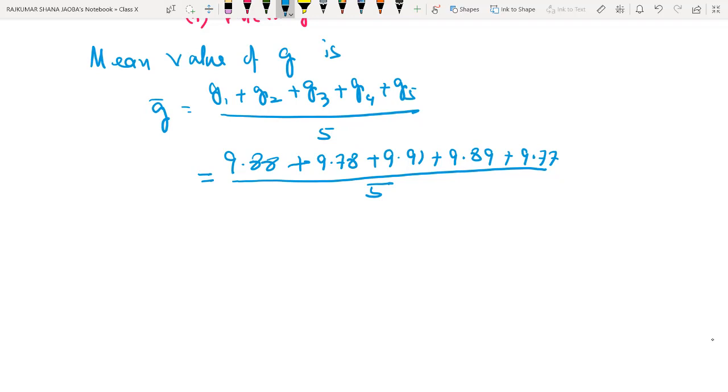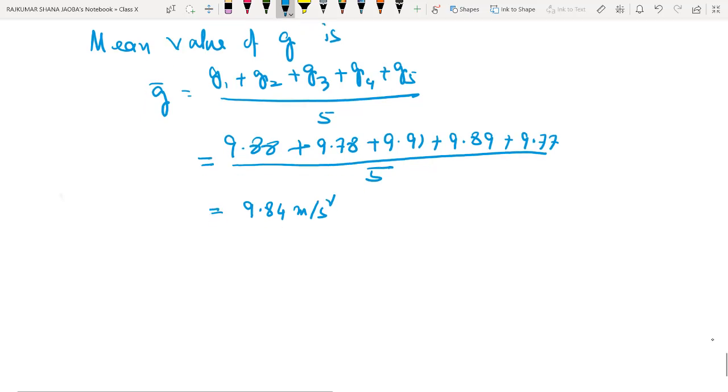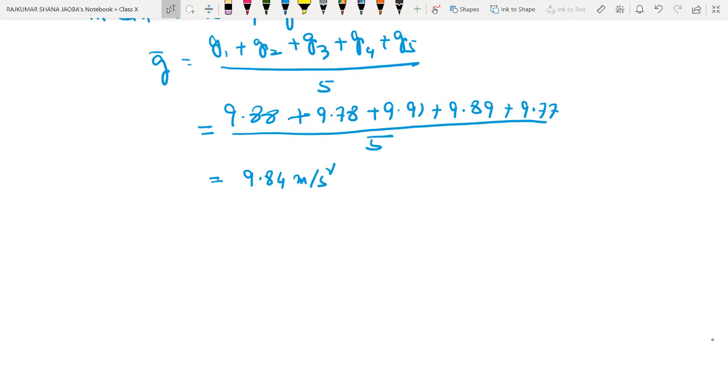So it comes to be 9.84 meter per second square. Now, absolute error.